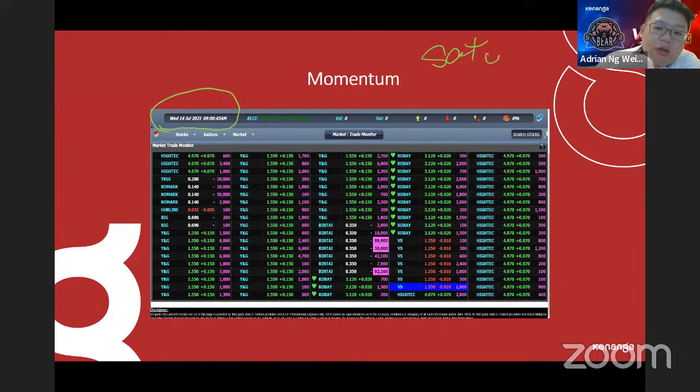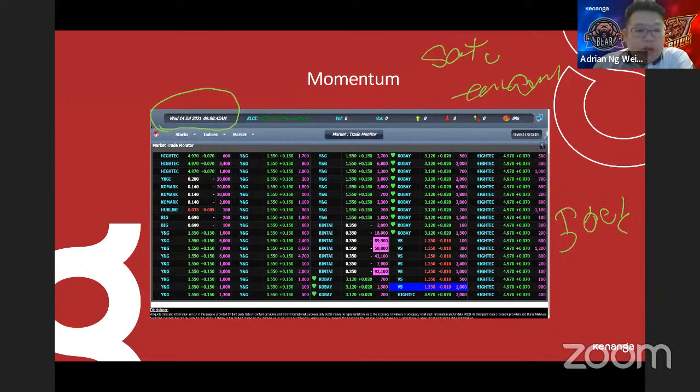Okay, my writing is really bad. 500K volume is when there is a big transaction happening. I mean, this one can be not big. Once they see something big, they will rush in, or they might test it.